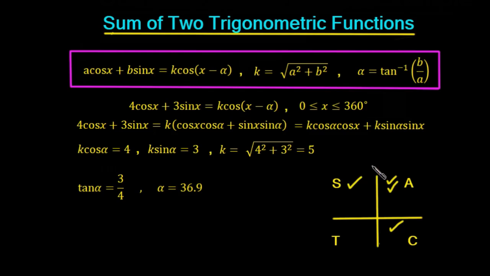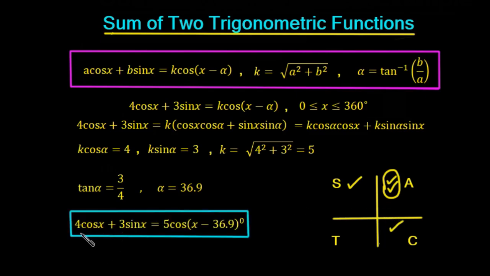So when the two match up, that is in the first quadrant, sine and cosine are both positive, therefore it exists in this quadrant here. So we can say that tan alpha equals 3 upon 4. So the inverse tan of 3 upon 4 is equal to 36.9, and that is in the first quadrant here.